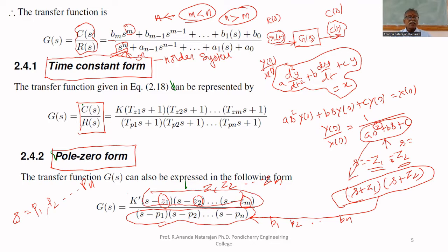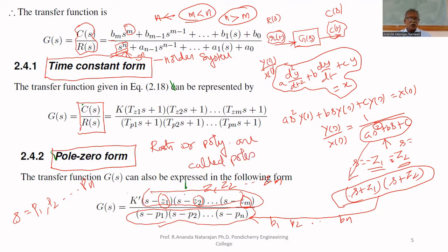If you factorize and write the transfer function like this, then it is called pole zero form, because P1, P2, etc., Pn are roots of denominator. Z1, Z2, Z3, etc., Zm are called roots of numerator. Roots of denominator polynomial are called poles.